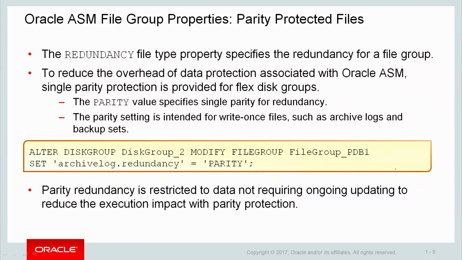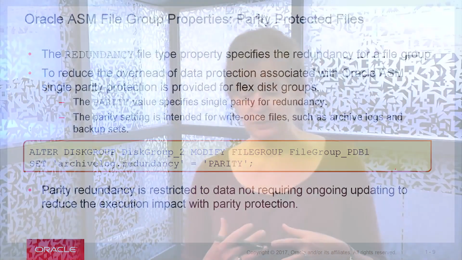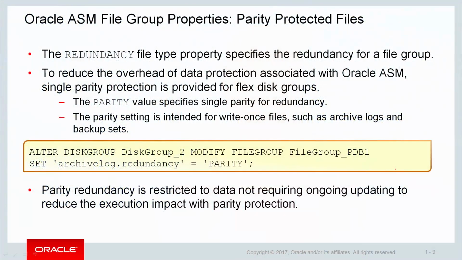Returning to file groups, so Oracle ASM file group properties, parity protection files. Now, since ASM was first introduced in Oracle 10g, we've had 3 levels of redundancy. We've had high, which is 3-way mirroring, normal, which is 2-way mirroring, and then we've got external, which means ASM is not doing any mirroring, that we assume your hardware is providing the mirroring instead.